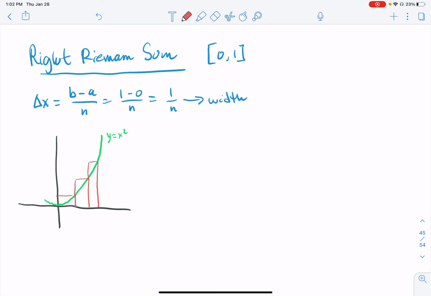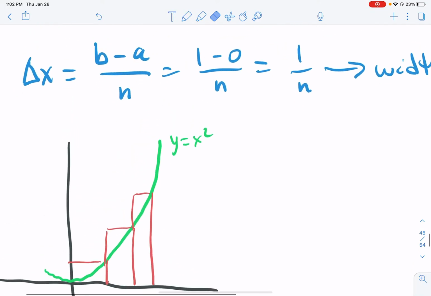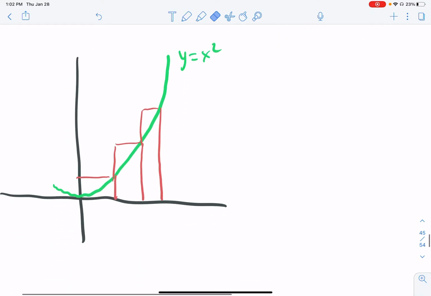Now, when we did this the first time, we had 1/4 and 2/4 and 3/4 and so on, right? Instead of having 1/4 for the width of each one of these things, we said our new width is 1 over n. So the first x value that we'll have is 1 over n. Second one is going to be 2 over n, then 3 over n, and so on, right?